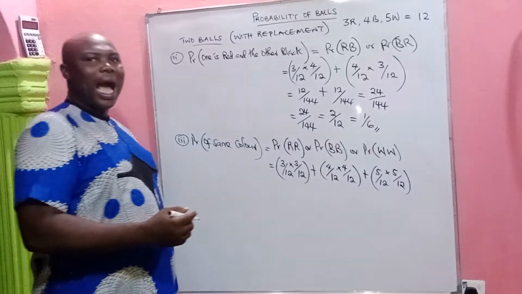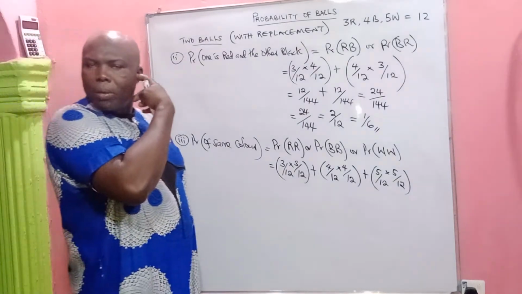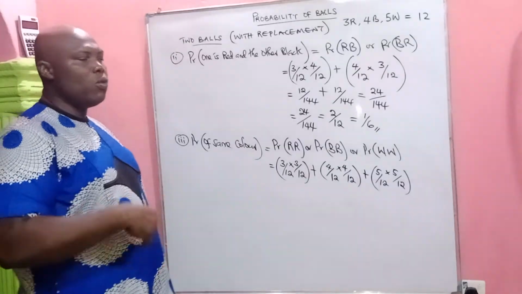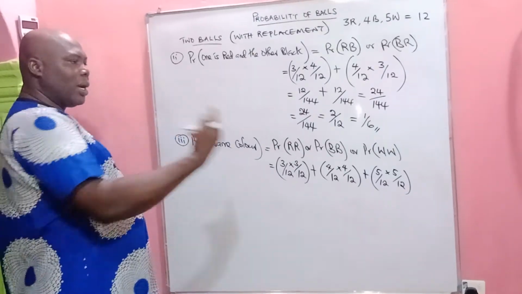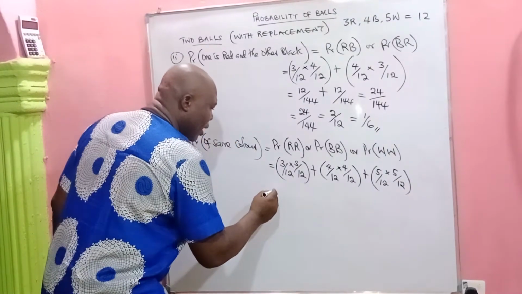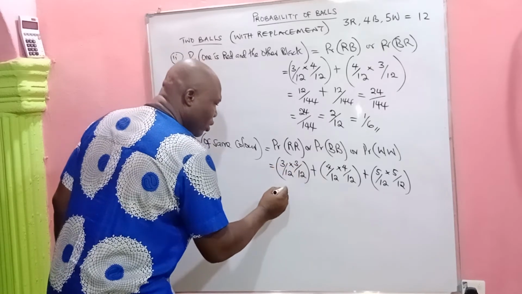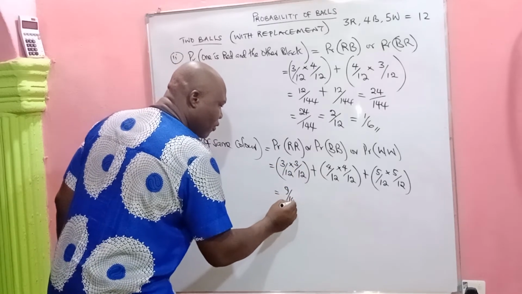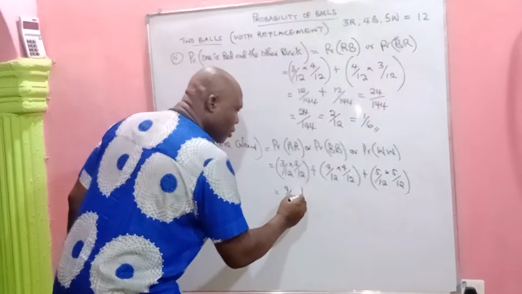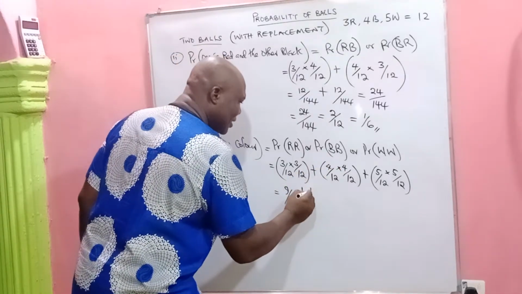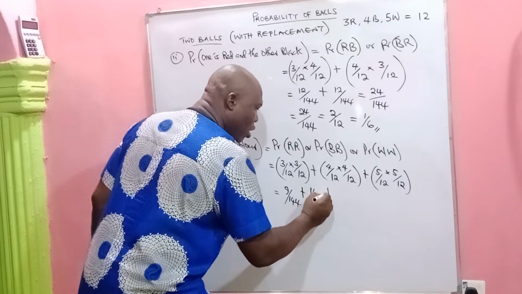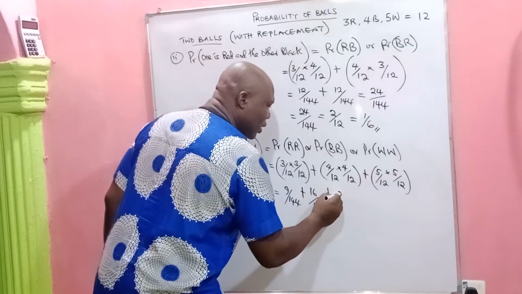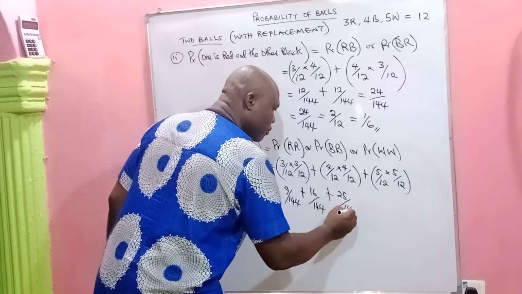Why? Because we are replacing the picked balls back, so the second pick is unaffected by the ball you picked out. So we have 3 times 3 is 9 over 144, that's 12 times 12, plus 4 times 4, 16 over 144, plus 5 times 5, 25 over 144.